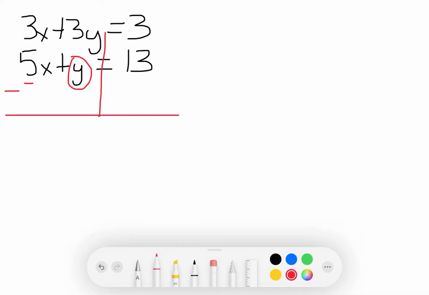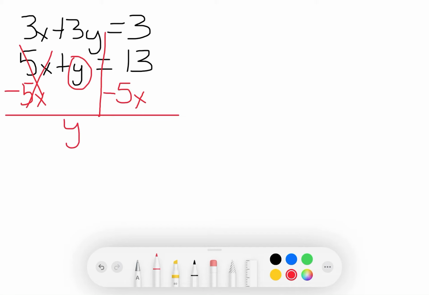So when I'm doing that, I look over here, I see what else is left on this side with y. I see this 5x. I know it's addition, so I'm going to subtract it from both sides. So that's going to give me this 5x minus 5x, which will cancel out. And that will leave y.